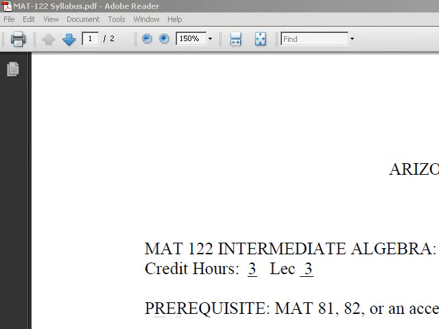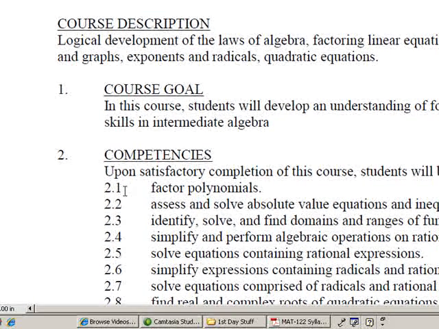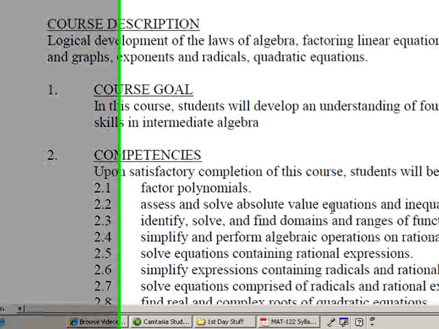Competencies. Upon satisfactory completion of this course, students will be able to... none of these mean anything to you at the moment. By the end of the semester, again, they will. And throughout the semester, you'll be able to use this as a checklist. I do know how to factor polynomials. I do know how to solve absolute value equations.